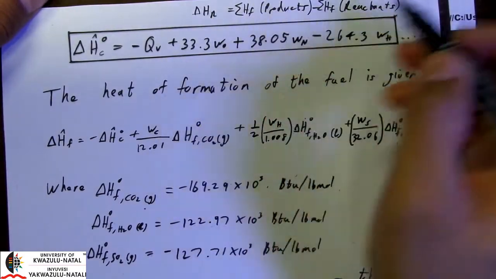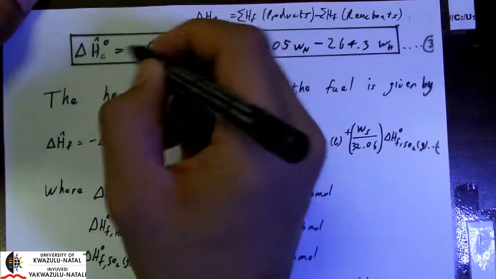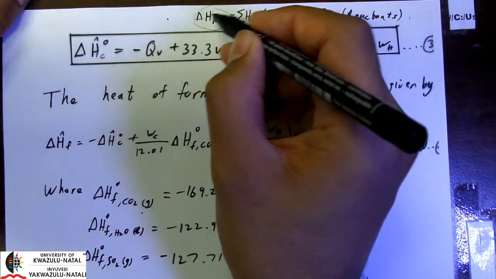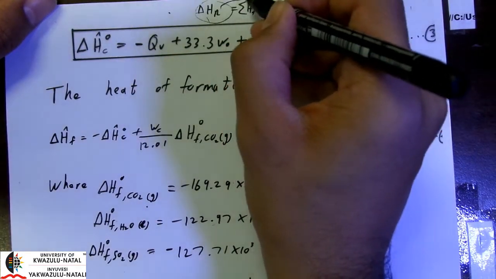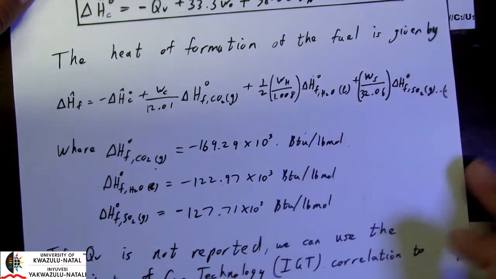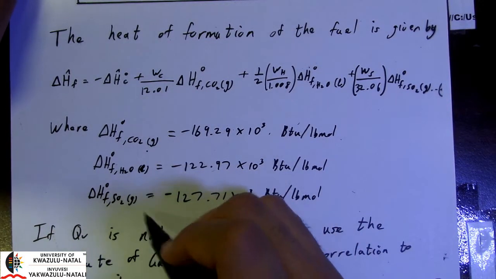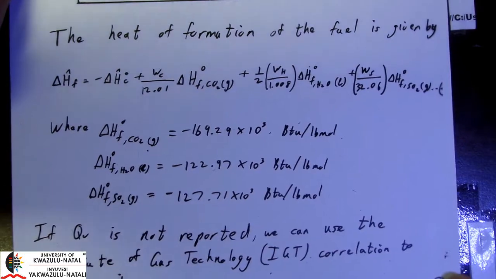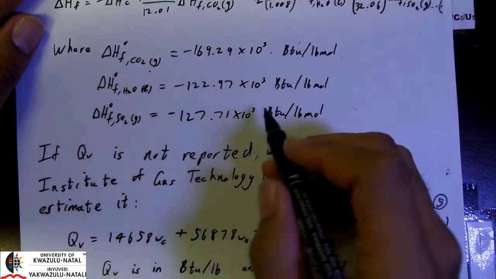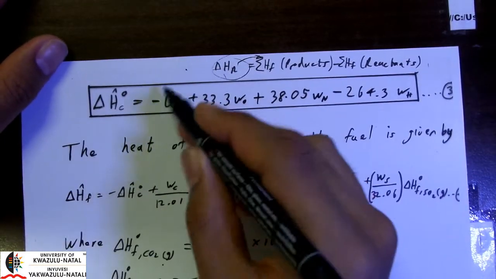So now if I want to know the heat of formation of my reactant fuel, I can simply take it to the other side, and I can take my heat of reaction, which in the case of the combustion reaction is the heat of combustion. I take that to this side, and this is how I get the following equation. Now the heat of formation of CO2, H2O and SO2 has been easily measured. And QV, of course, needs to be measured physically to get our heat of combustion.